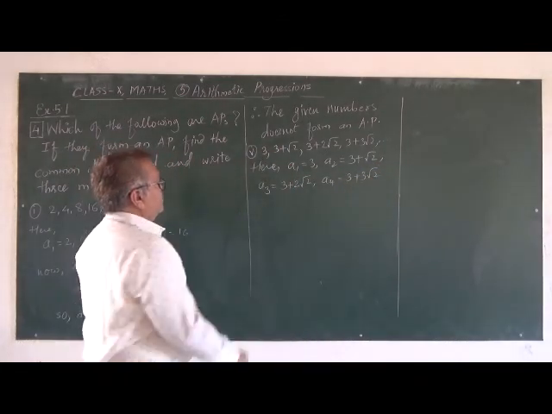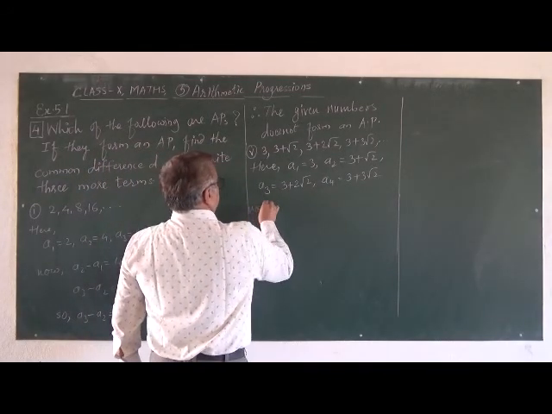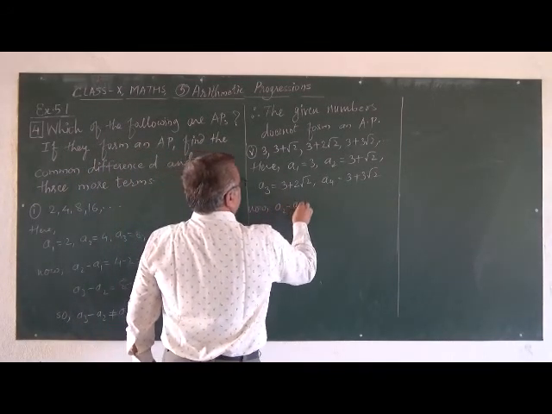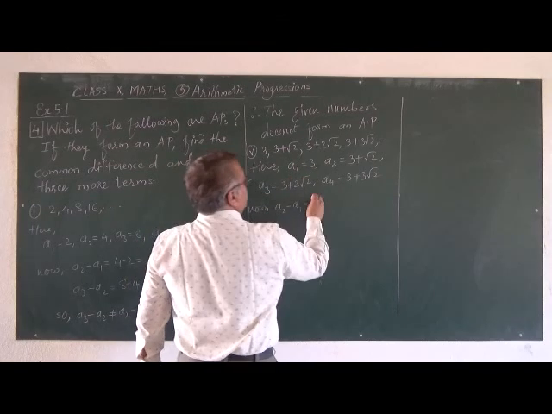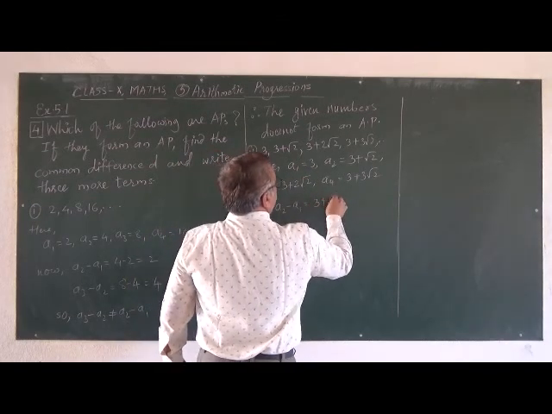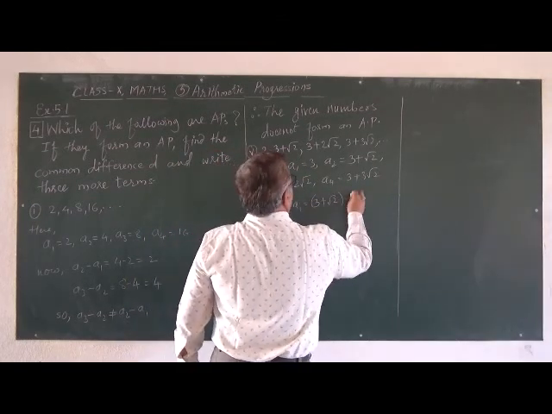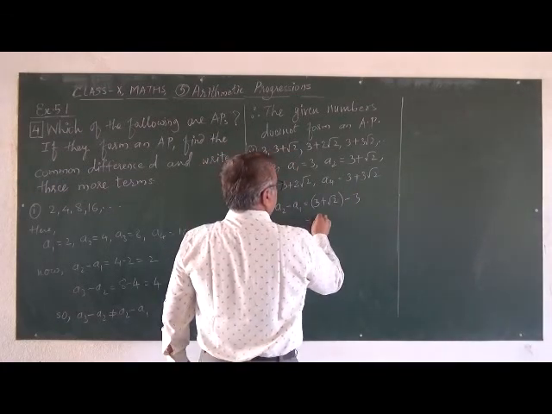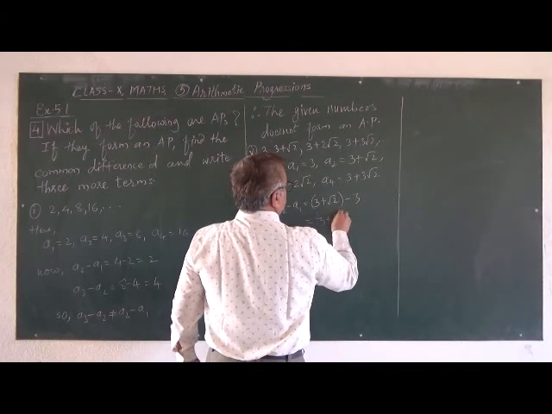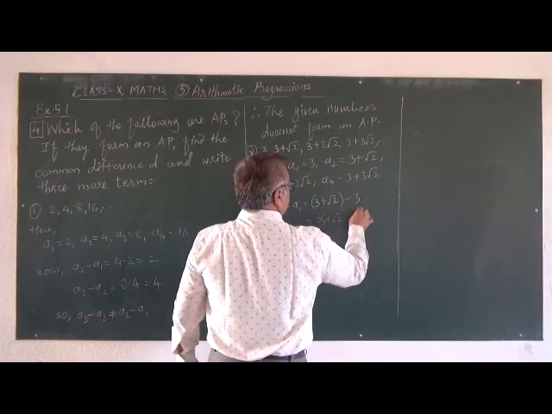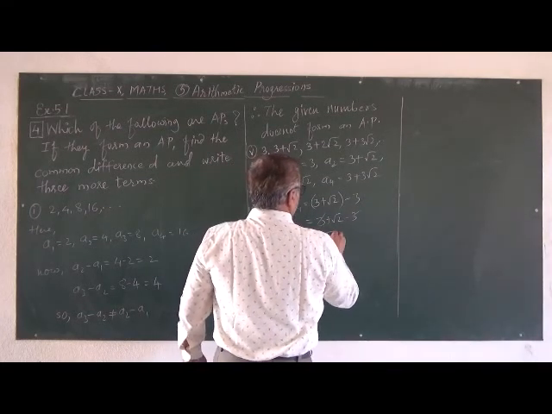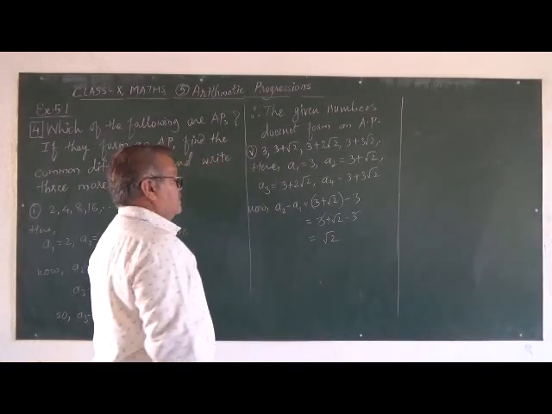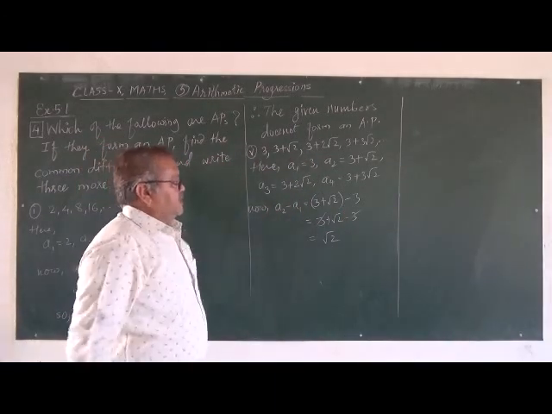How to find the common difference? Now we will take A2 minus A1. A2 is 3 plus root 2 minus A1 which is 3, so you are getting root 2 as the difference of A2 minus A1.